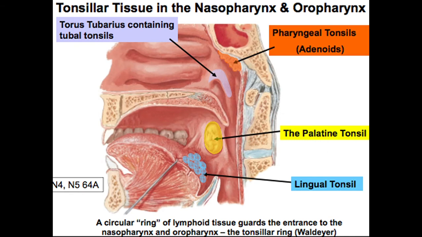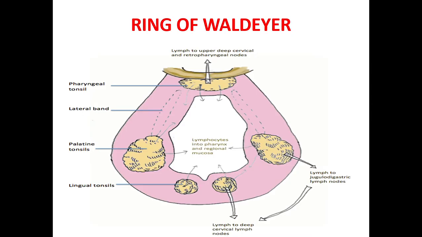There are three important tonsils in the body. We have tonsillar tissue in the nasopharynx and oropharynx. So we have the pharyngeal tonsils or adenoids, the palatine tonsil, and the lingual tonsil. The three tonsils form a ring, and this is referred to as the ring of Waldeyer.